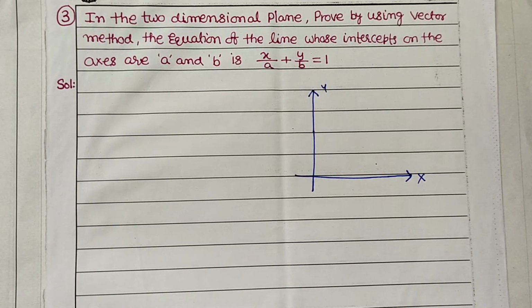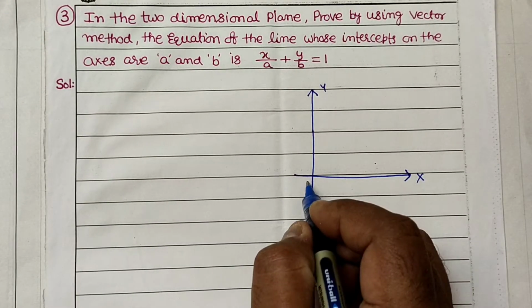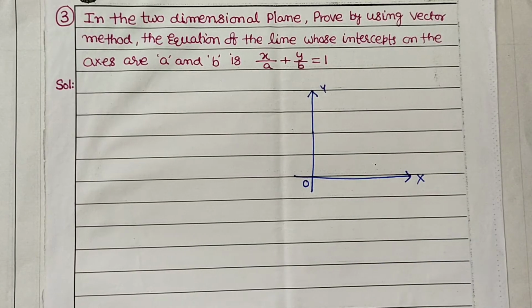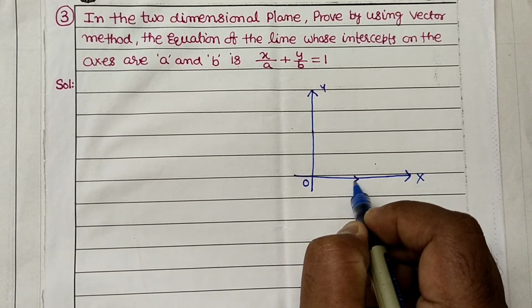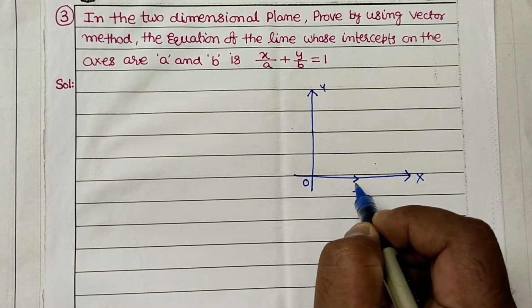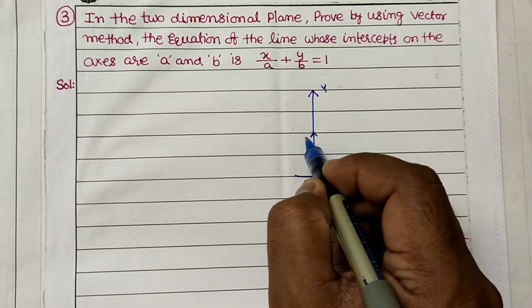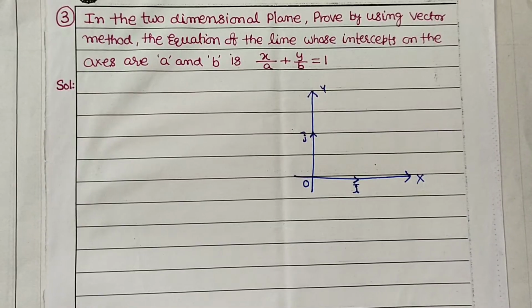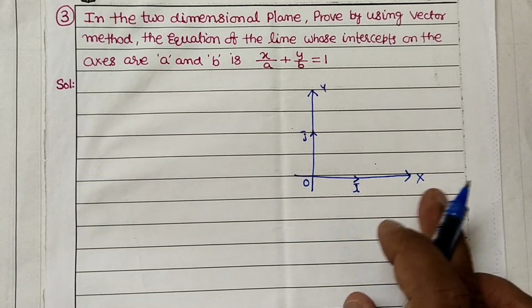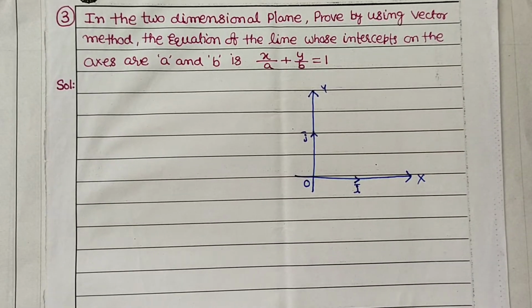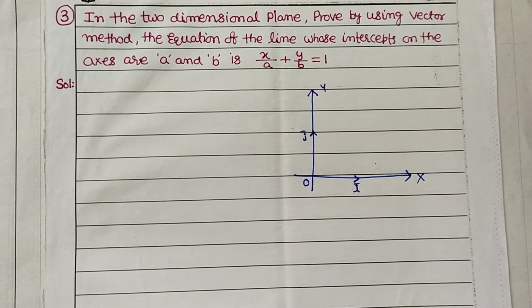X-axis, y-axis. So this is the origin. So here I bar and here j bar. They are unit vectors along with OX axis and OY axis. That information you have to give it.